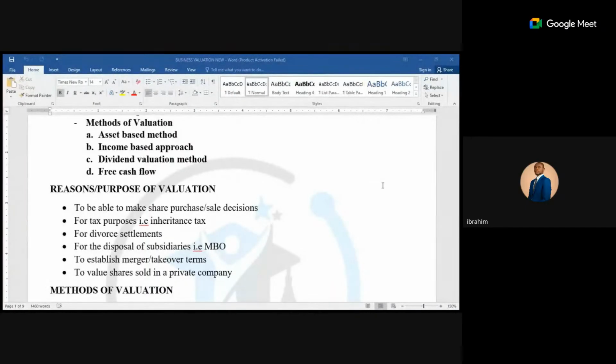You carry out a valuation. However, there are different types of valuation you may carry out, maybe discounted cash flow or the financial metrics. That is in real life, right? So what I'm saying here is whether you want to buy, divorce settlement, the disposal, or to make a share purchase decision, you have to carry out a valuation of a business.